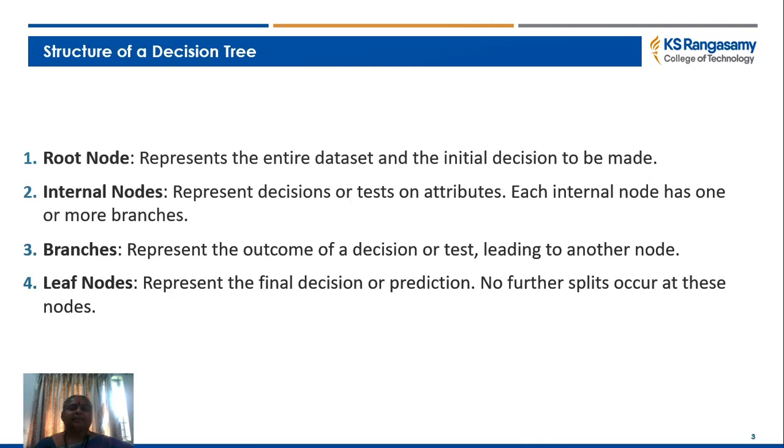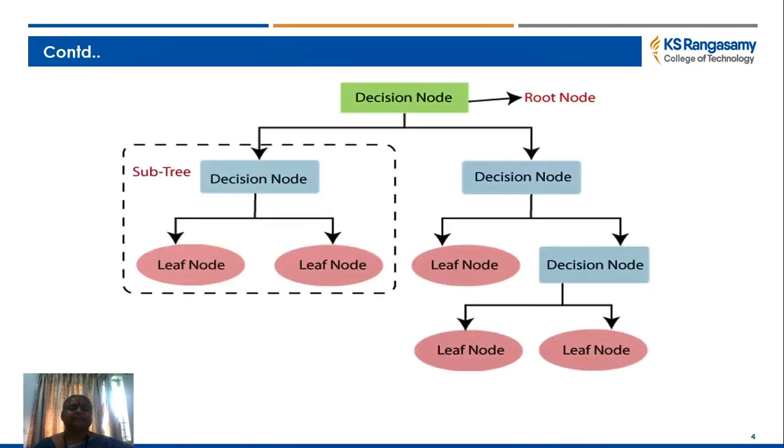The branches represent the outcome of a decision or test leading to another node. The final one is the leaf node, which represents the final decision or prediction. No further split occurs at these nodes. This is the structure of the decision tree. The decision node is the root node, the decision node is a subtree, and after that there are leaf nodes available.